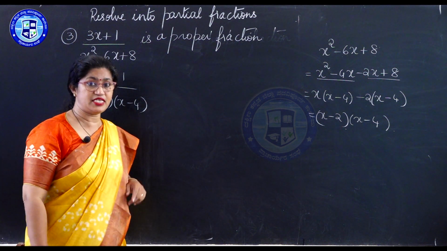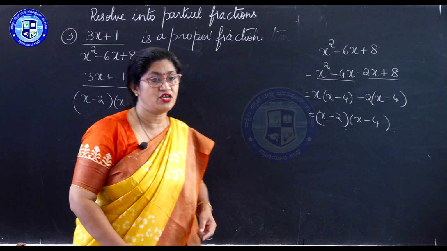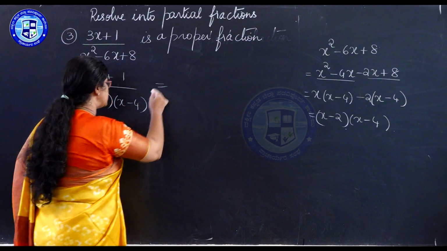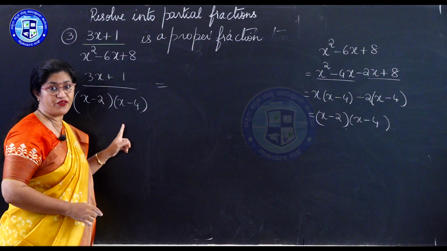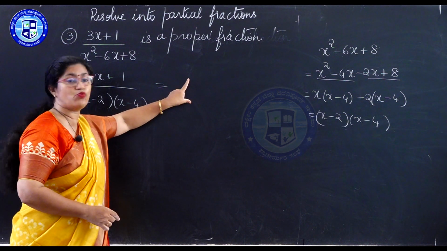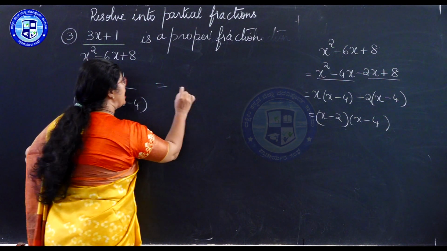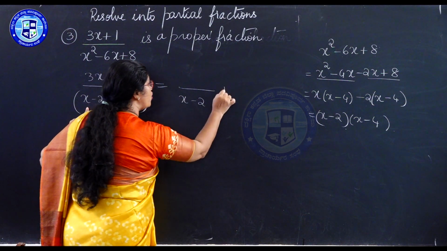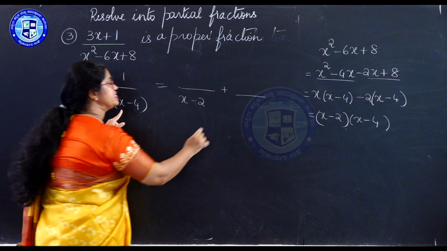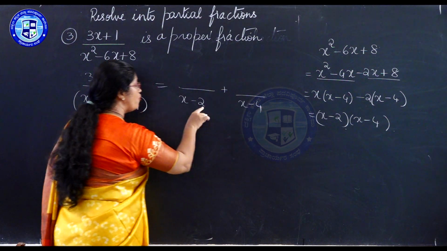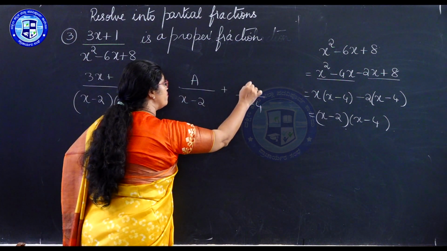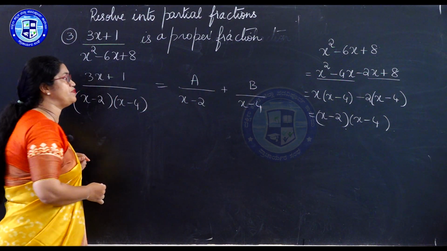Now split this into partial fractions. You know you have to write this as, for each of the factors you will get one term. So here x minus 2 plus here it is x minus 4, for this one numerator a and for this one we write it as b.